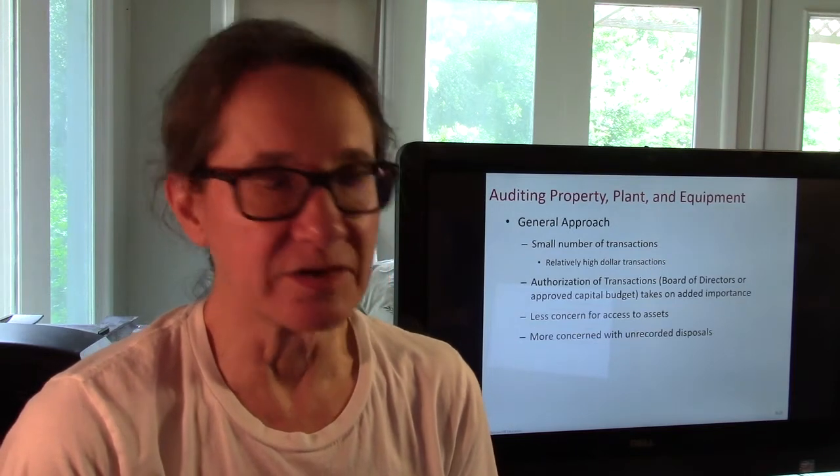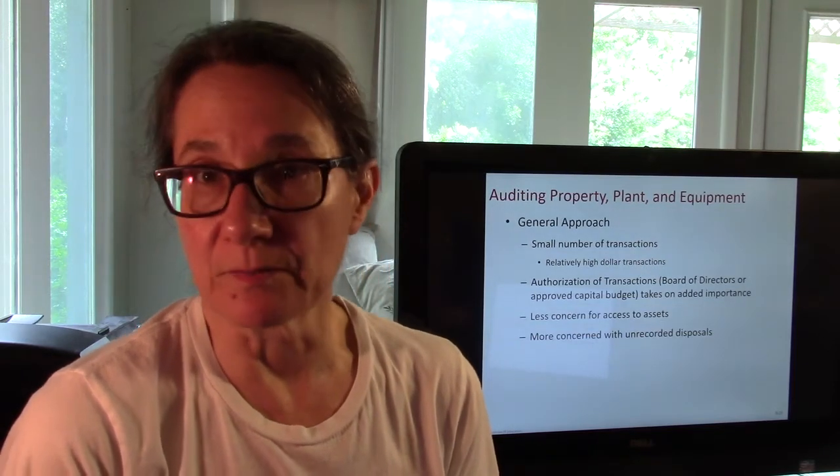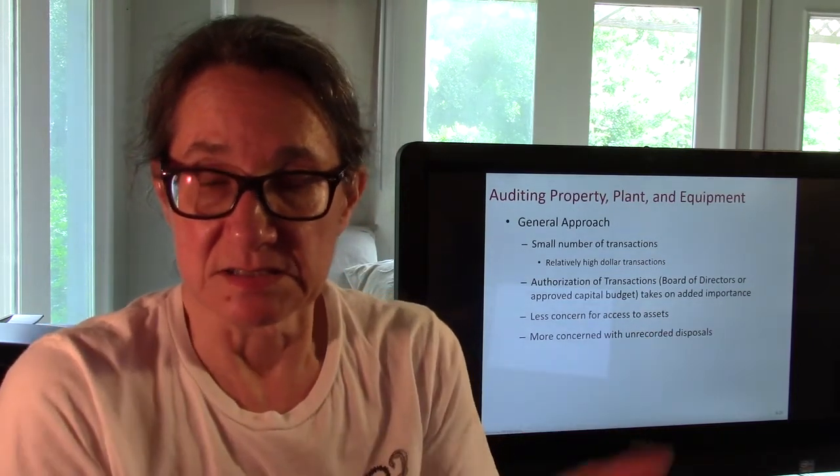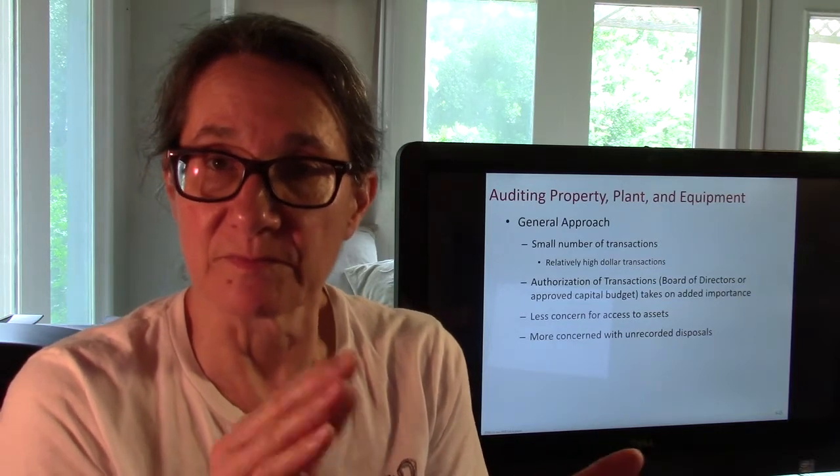All right. So the main thing that's hard to find is an unrecorded disposal. So they've gotten rid of something, and so it's still in the books as an asset. But again, you've got your listing of assets. You can find it, like say, oh, hey, this is material. Is it here? Or go look.